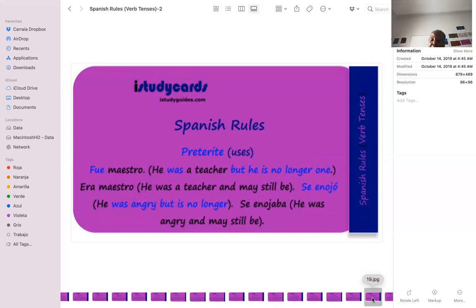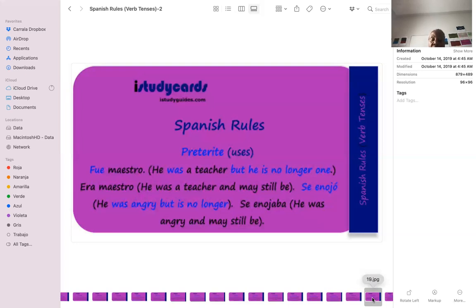You are not talking about whether he still is a teacher or not. Versus fue maestro: he was a teacher, but he's no longer a teacher. So one is saying that the action happened in the past, it was during the past, it ended in the past, and it no longer is. With era maestro, the emphasis is on the fact that he was a teacher, but you're not stating that he's no longer a teacher.